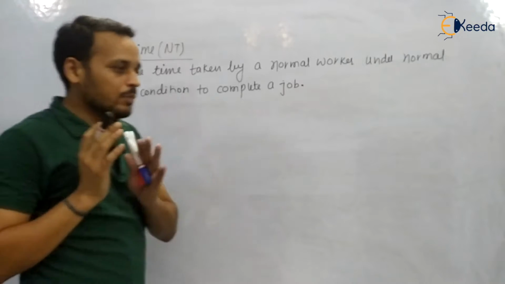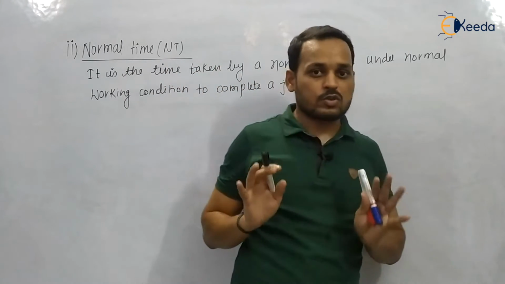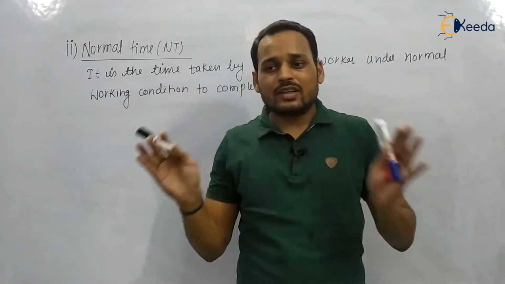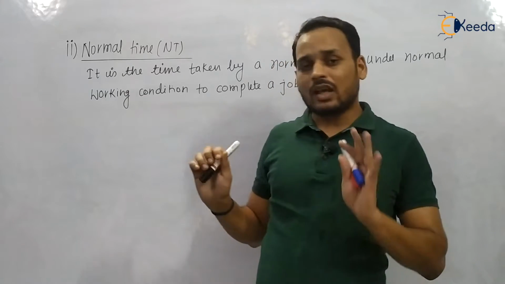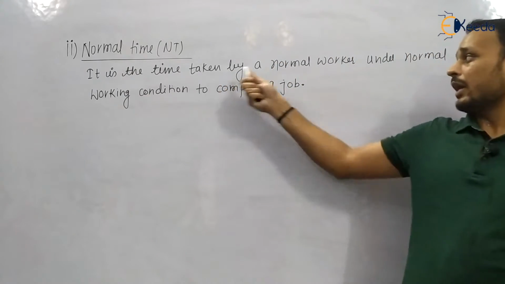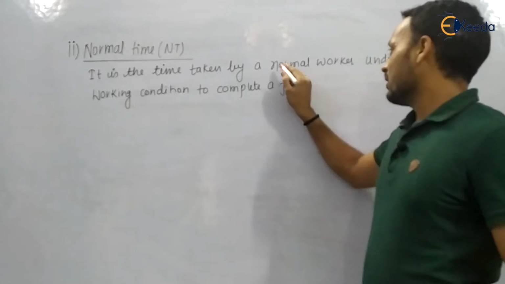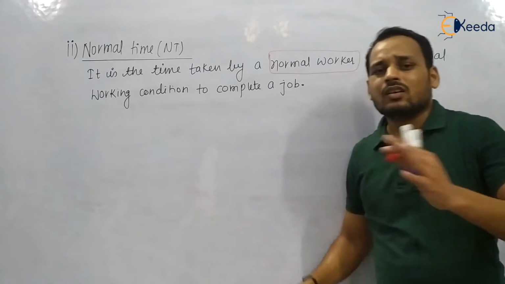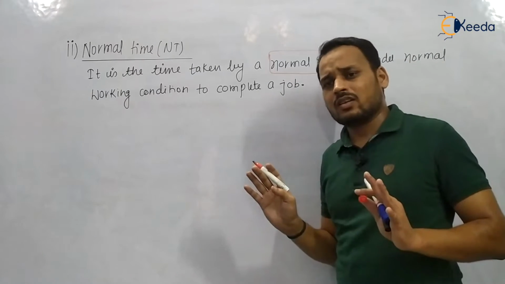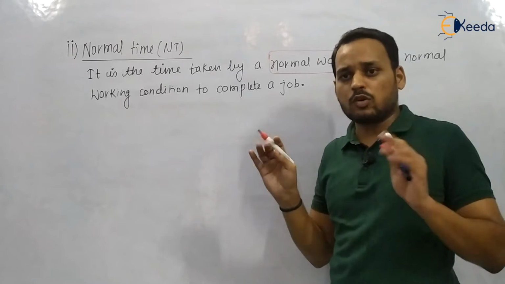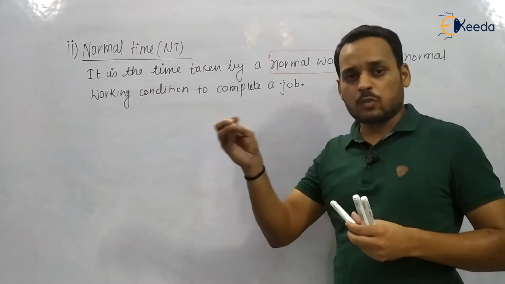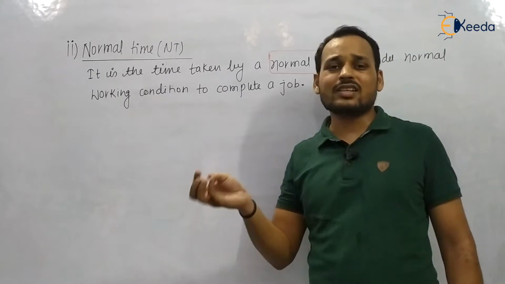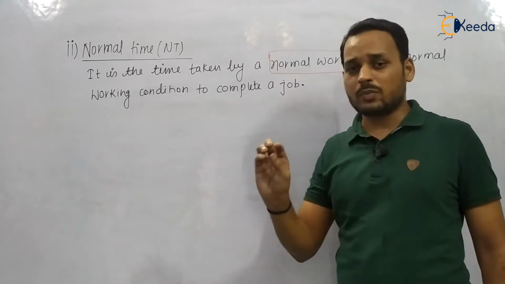The last time was the time observed by the observer. It is not the work completion time, but normal time is the time taken by a normal worker. Normal worker means he is fit. Rest is given by the company itself. Breaks are provided to the workers, but frequently he cannot leave the work unnecessarily, he has to complete the work on time.